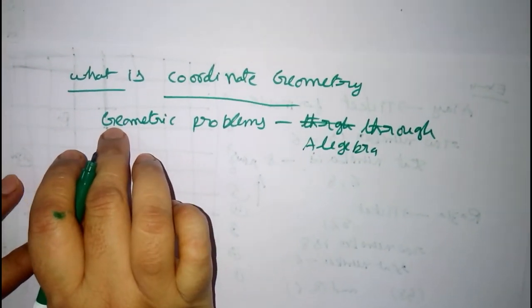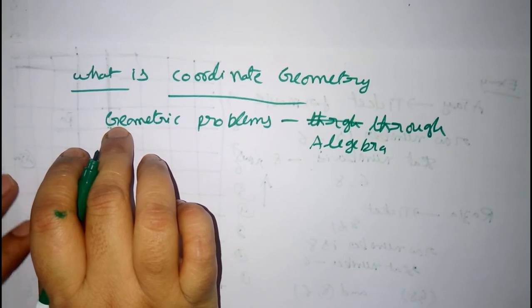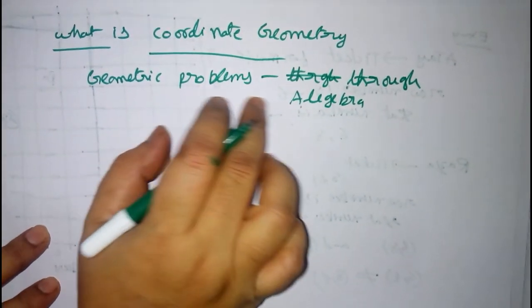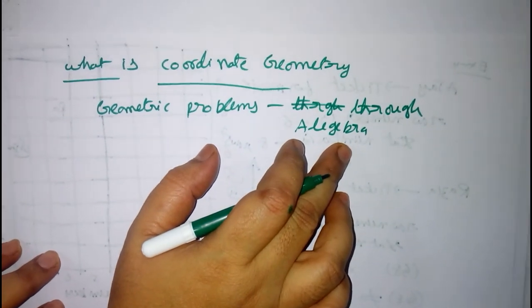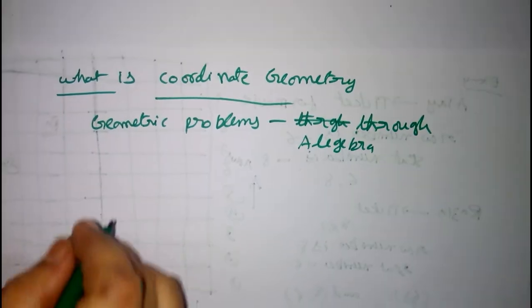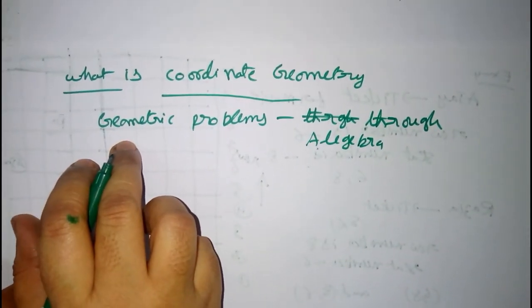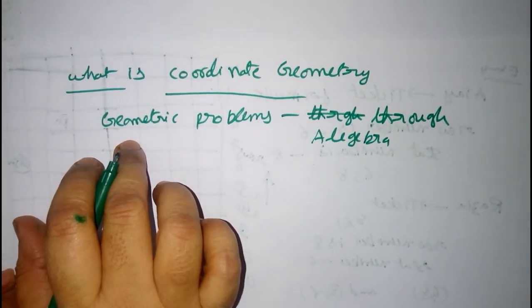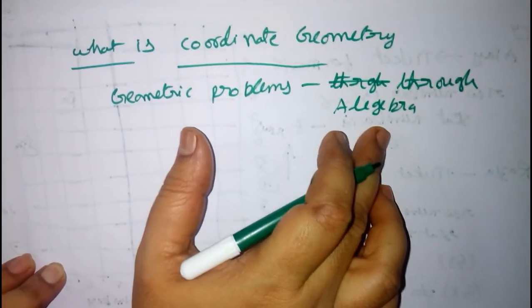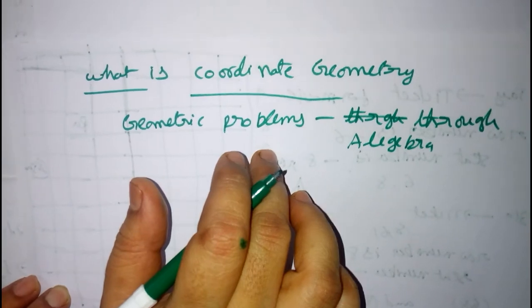In this chapter, we will solve geometry problems through algebra by using a coordinate system. So what is the use of coordinate geometry? It is a branch of mathematics in which geometry problems are solved through algebra by using a coordinate system.